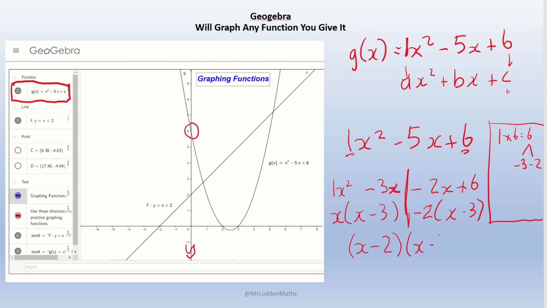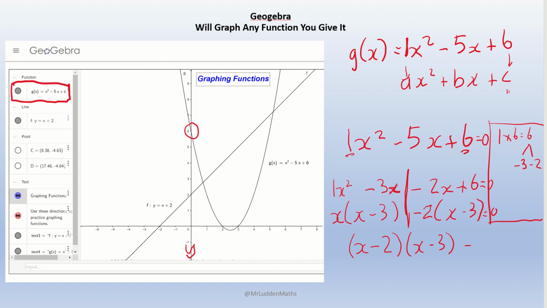and x minus 3. Now, if I want to find out where that crosses the x-axis, or just to finish this off, this would be equal to 0, and I'll show you why in just a little bit.